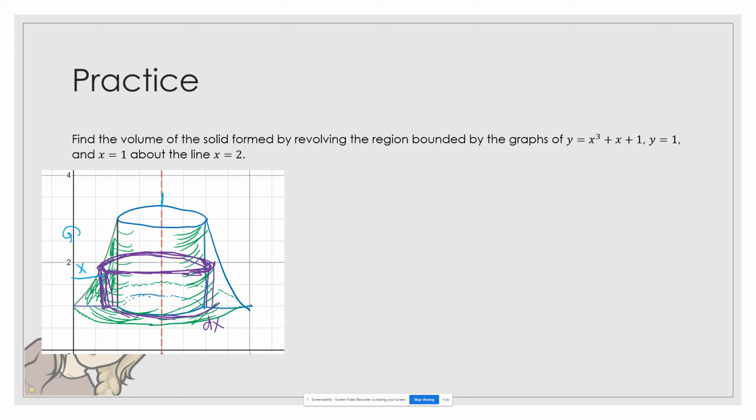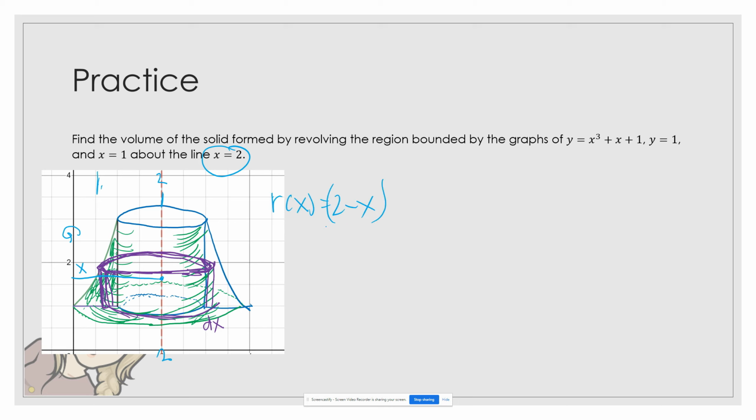The radius is actually going to be from here to our equation. What number is this? This number is 2, because we're rotating around the line x equals 2. And this is x, so it's going to be 2 minus x. Our radius is going to be 2 minus x.